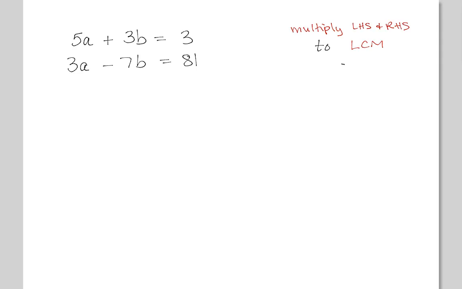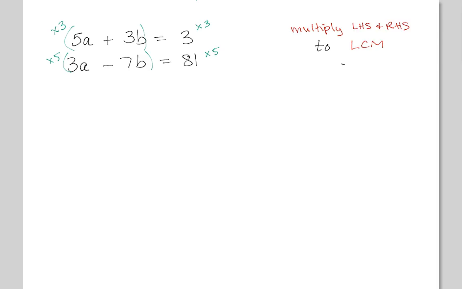So like you guys said, times the top equation by 3 and times the bottom equation by 5. And that will help you eliminate which variable? A. We're going to remove A. And then we can solve for B. Once you have B, sub it back into one of the equations and get A.